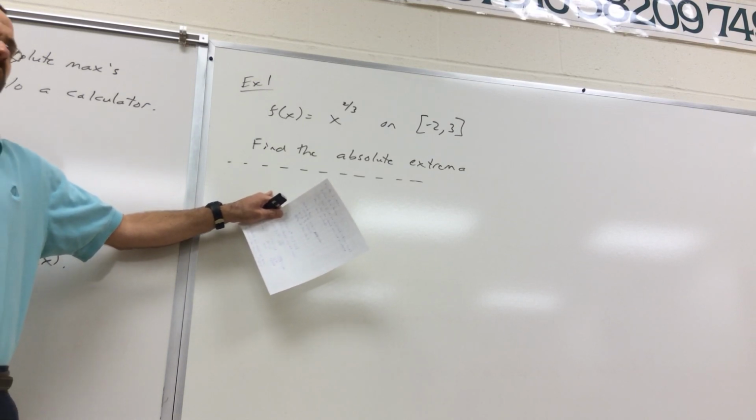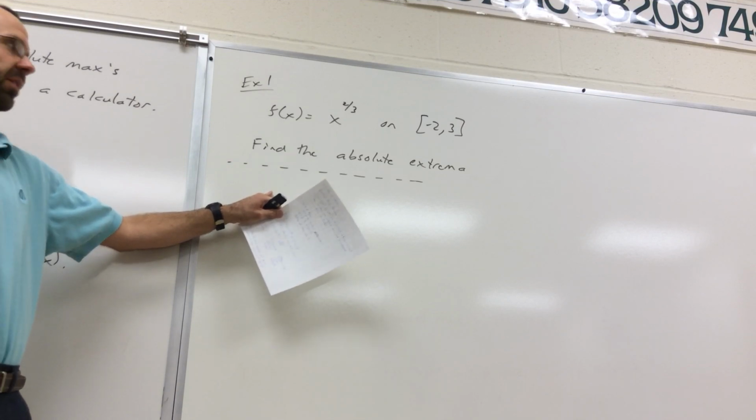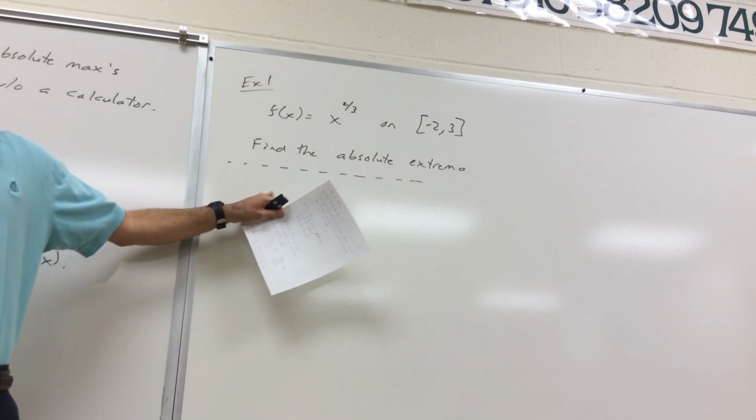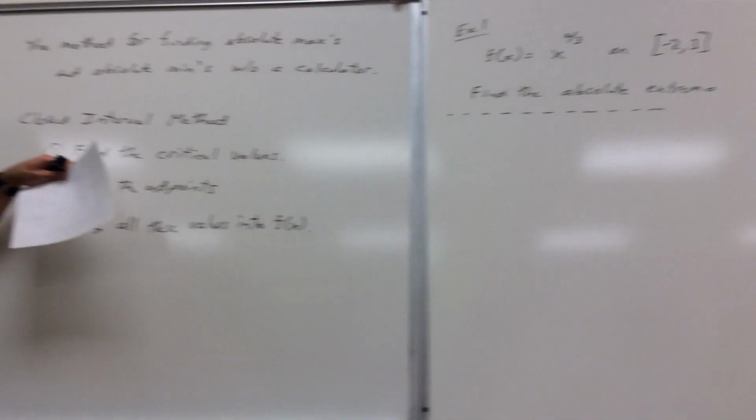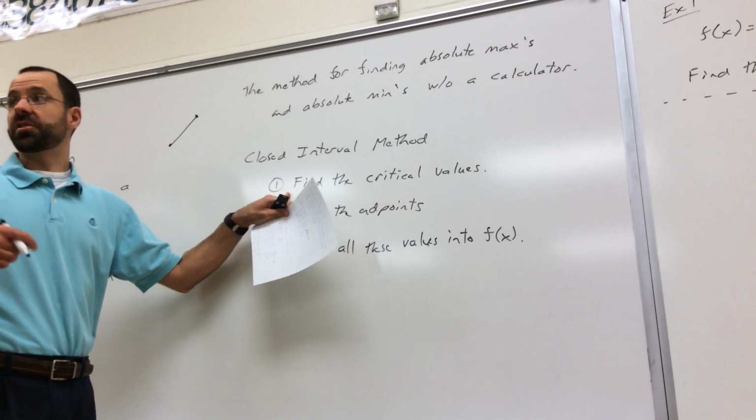Just to remind you on the vocabulary, what's the other word for absolute? Global. So I could have said find the global extrema. It would have been the same question. All right, so first step is to find the critical values. That's when the derivative is 0 or undefined.